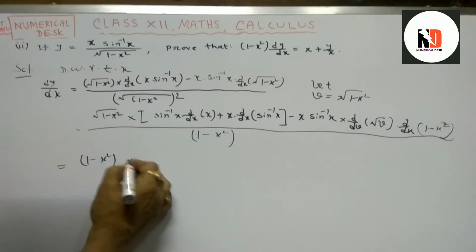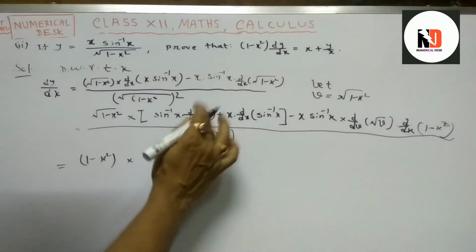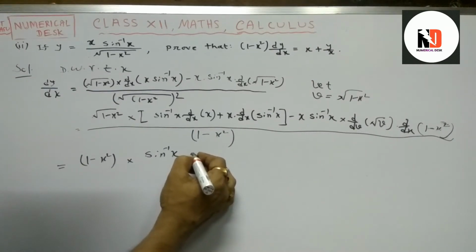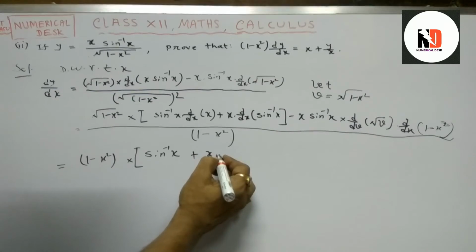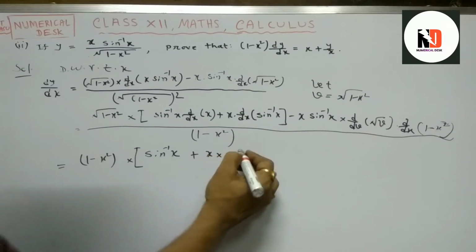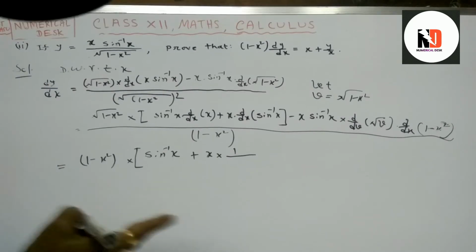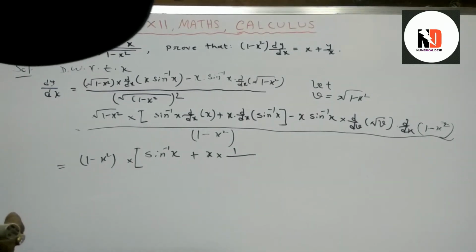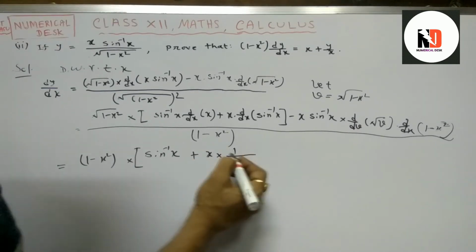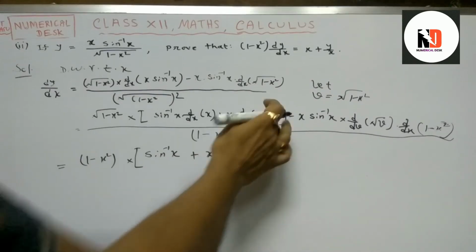Look at the arrangements. d/dx of x is 1. No need to write down the 1, because the sum is big, so only x remains. And d/dx of sin inverse x is 1 over root of 1 minus x square, as we did in the previous case also.